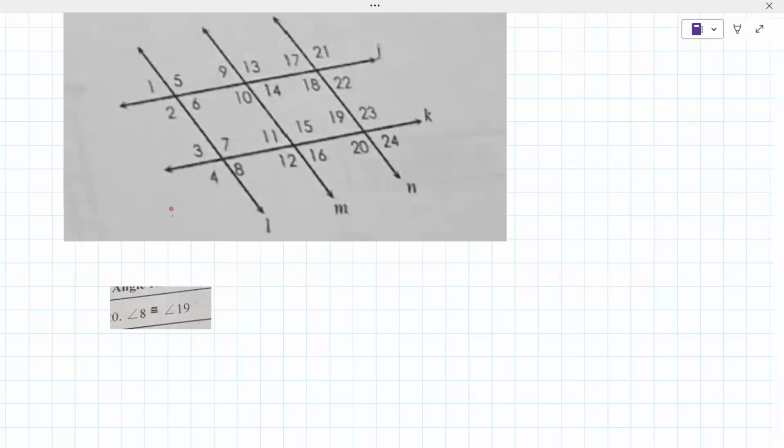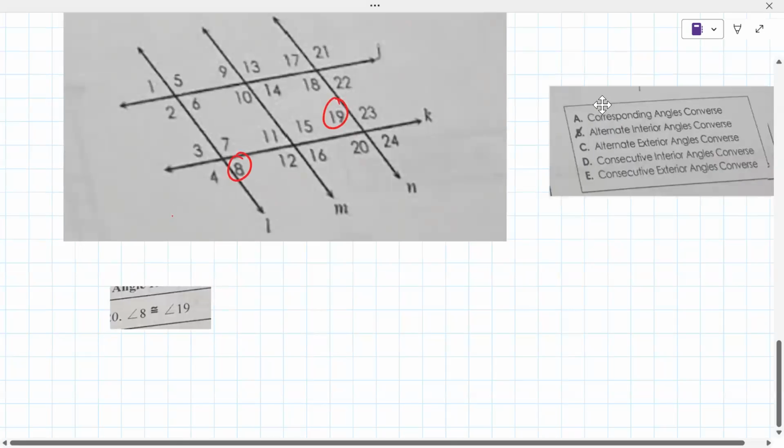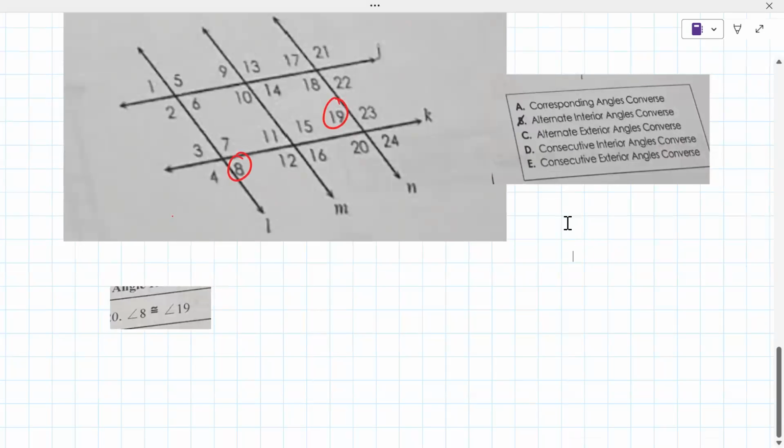So 8 and 19 are right there. Boom. And then let me give you the word bank here. There's kind of your word bank, what they could be.